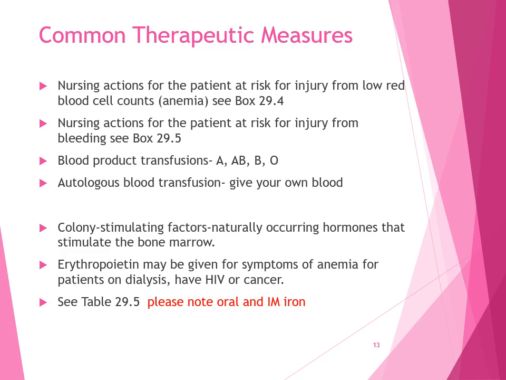Administer blood product transfusions as prescribed. Minimize the number of invasive procedures done to the patient. Draw blood for as much lab work as possible with one venipuncture, not multiple. Avoid prolonged tourniquet use. Apply pressure for 5 to 10 minutes because the clotting isn't as good as it should be.